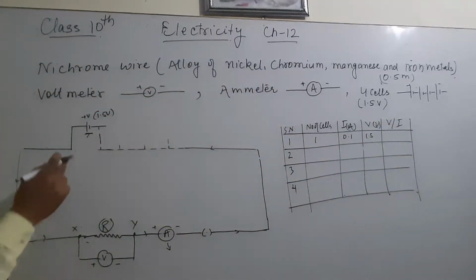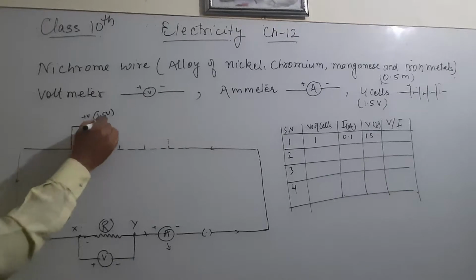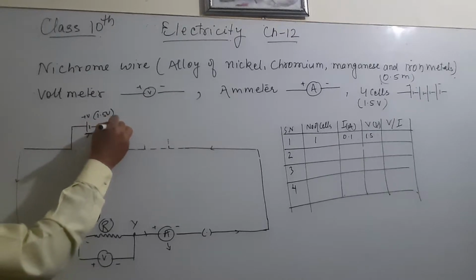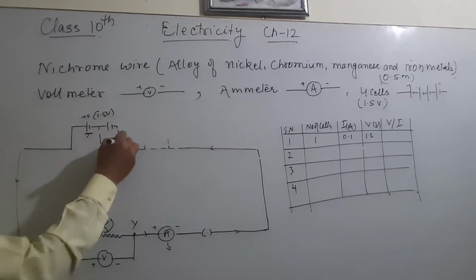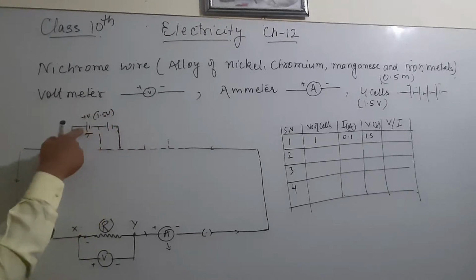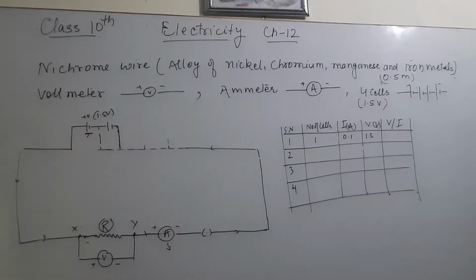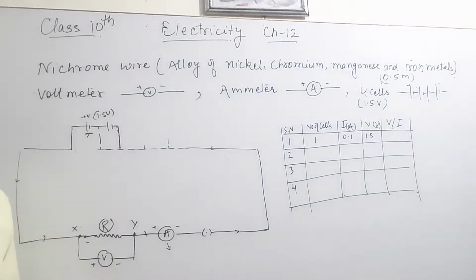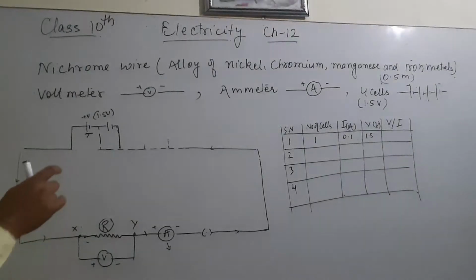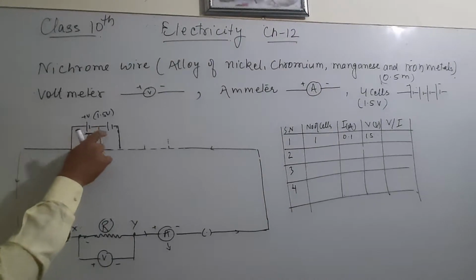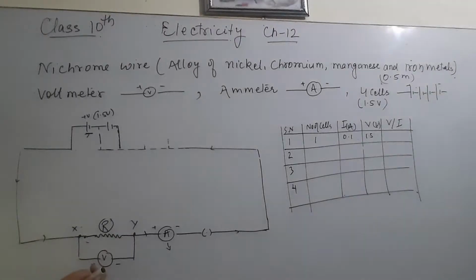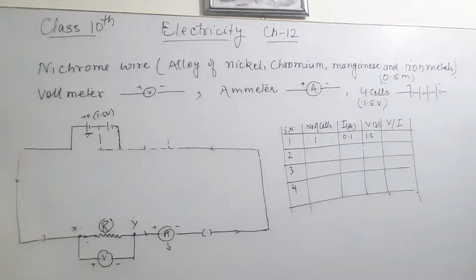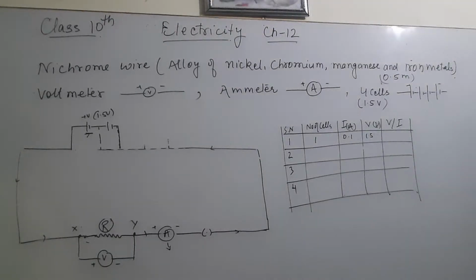After that, he arranged two cells in the circuit. When two cells are used, they form a battery, and the total potential difference is 1.5 plus 1.5, which is 3, and this voltmeter will show a higher reading, meaning it shows 3 volt.